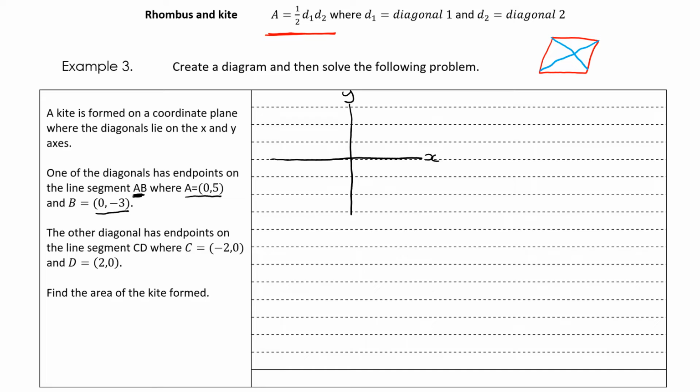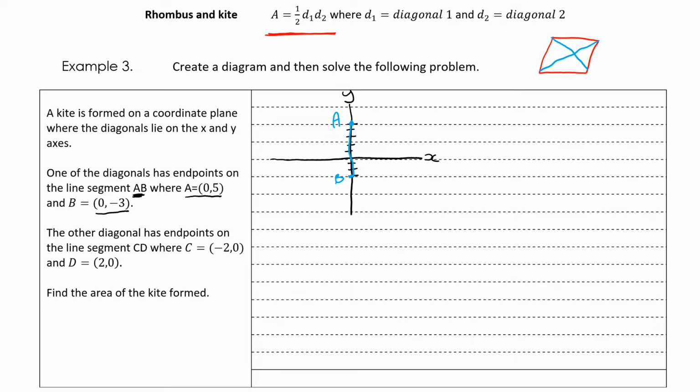So across 0, up 5, 1, 2, 3, 4, 5, this will be the point A. Now B is across 0, down 3: 1, 2, 3. So this will be our point B. That there is one diagonal.